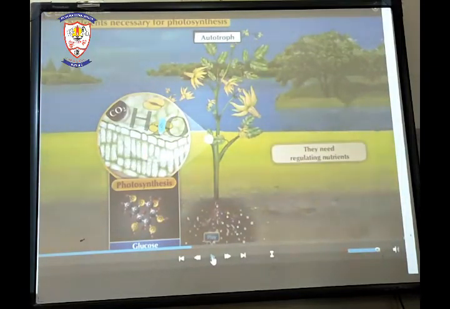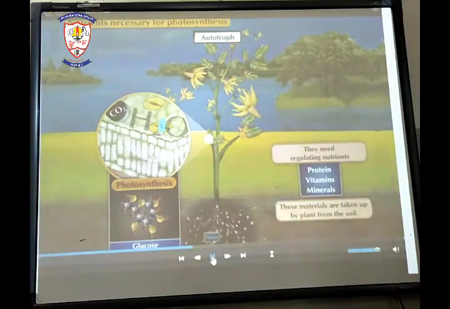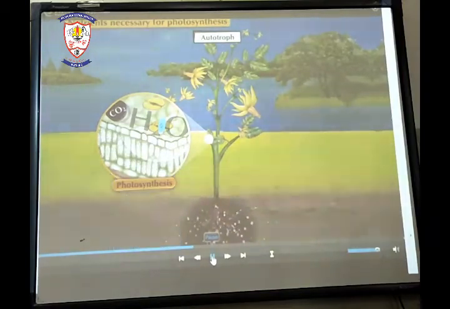In addition to carbohydrates, they need regulating nutrients such as protein, vitamins, minerals, etc. These materials are taken up by the plant from the soil, as shown in the picture.